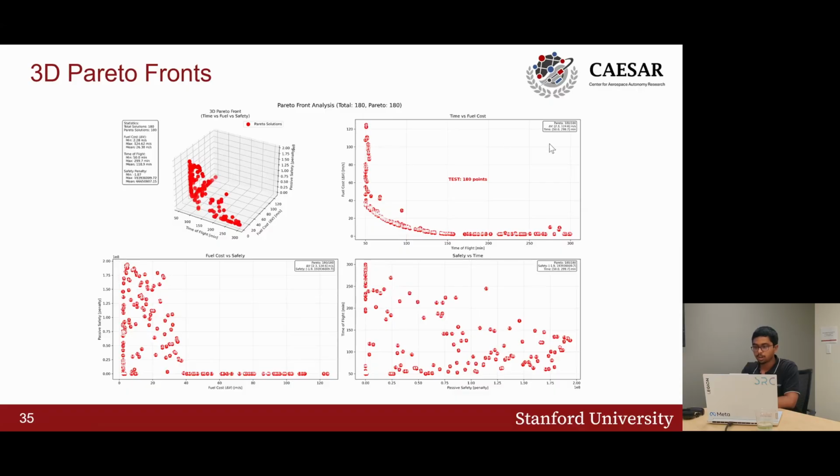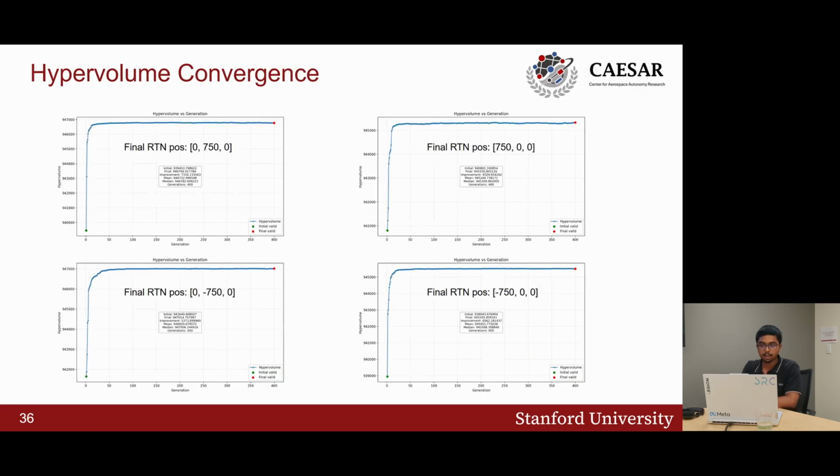One way we can quantify the Pareto front convergence is by having a reference point far away and computing the hypervolume that includes that reference point and all the points in the Pareto front. The hope is that once the hypervolume converges to a high value, that is an indication that the genetic algorithm has converged. And that is what happened. All of them successfully converged for all the final RTN positions.